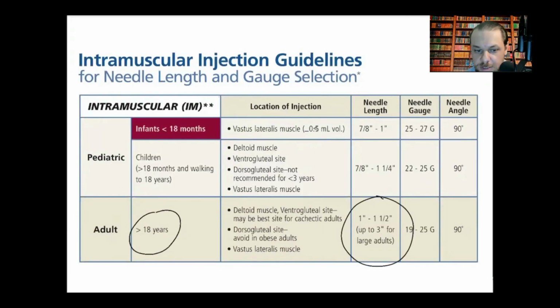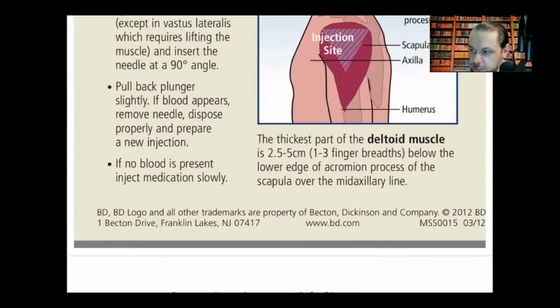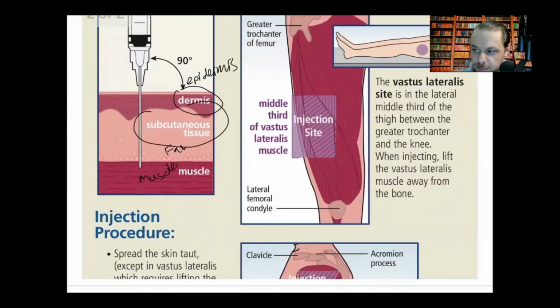The reason you need the length is that you need to penetrate all these layers to get to the intended site. If you don't, not only are you not going to see the medication working, your patient will continue to show all the effects of their pathophysiology of the disease process, and you're not correcting the problem at hand. So knowing the layers of the skin becomes very important.